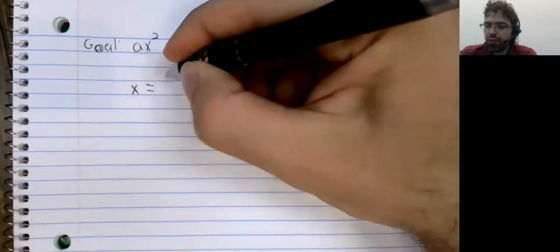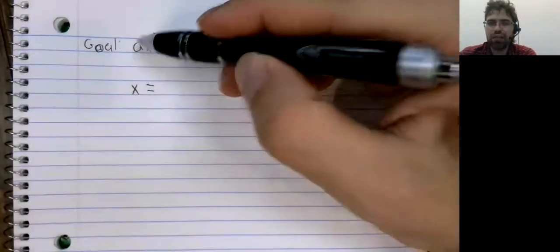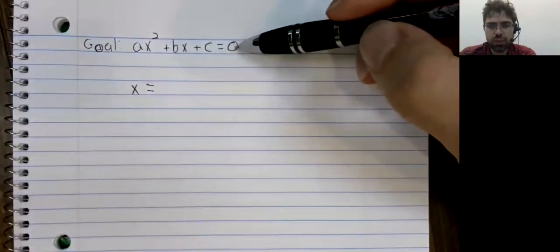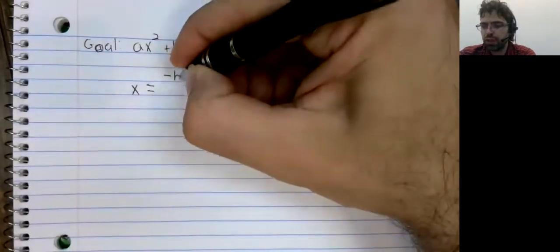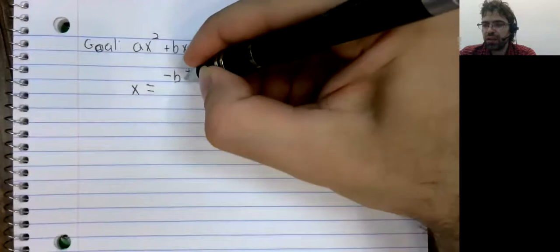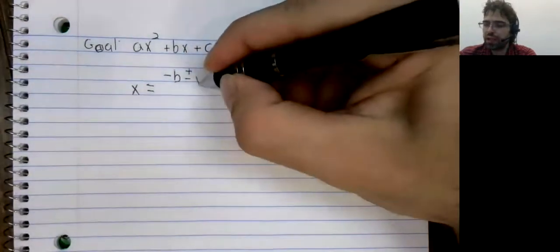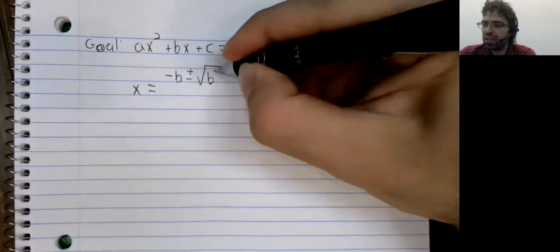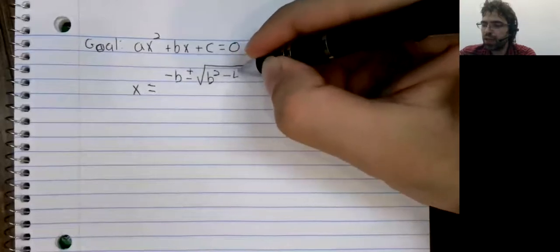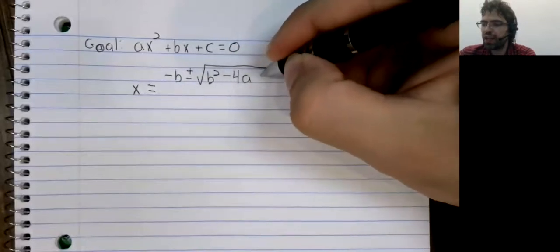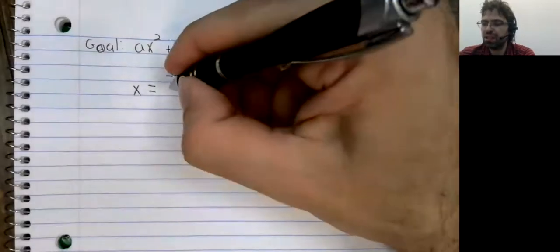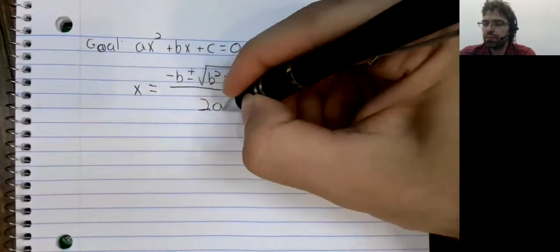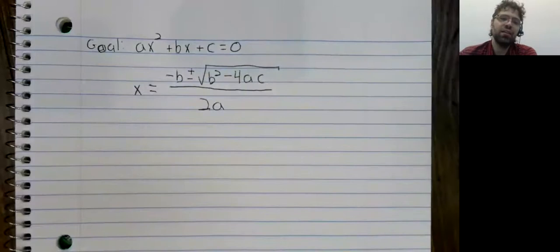The quadratic formula says that if you have this a, this b, this c set equal to 0, then x is negative b plus or minus the square root of b squared minus 4 times a times c, divided by 2 times a.